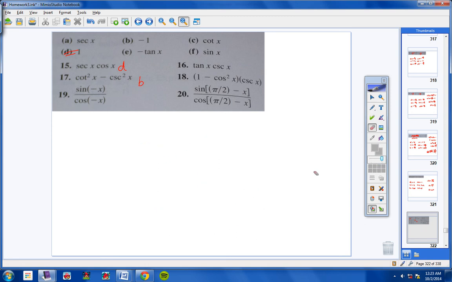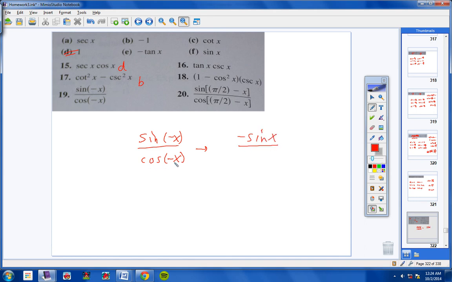Okay, number 19. What do we got for number 19? Let me go ahead and write the problem down. Sine -x over cosine -x. Okay, here we go. Now, sine of -x is negative sine x.